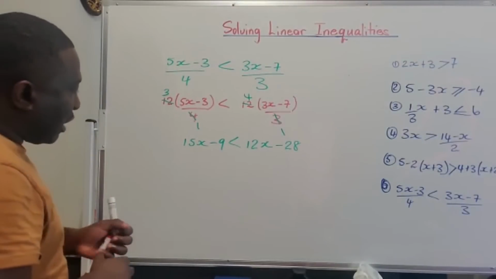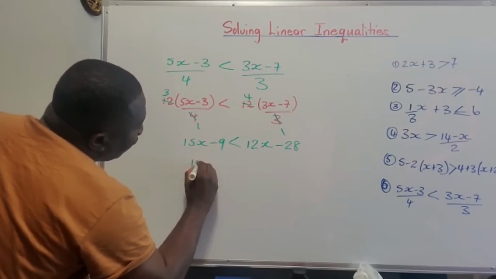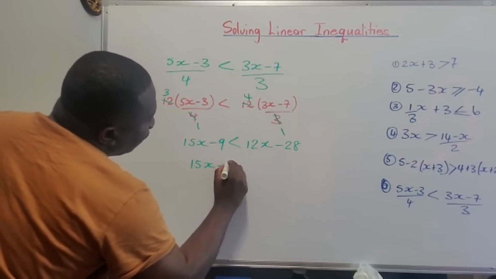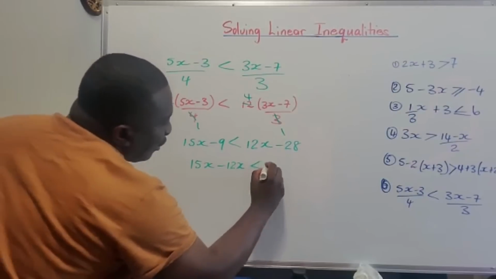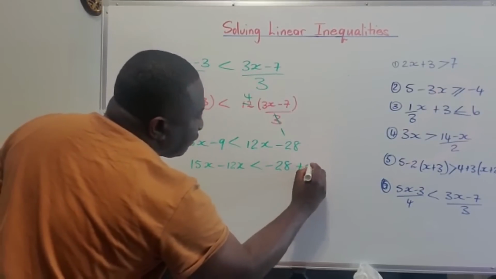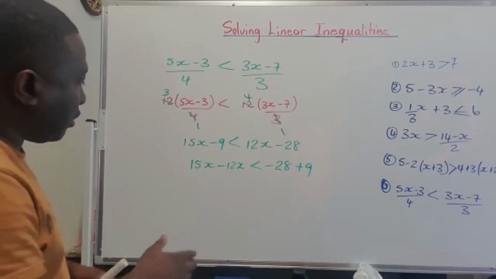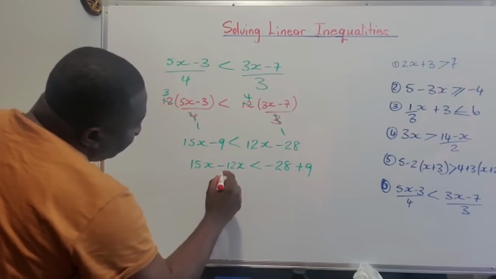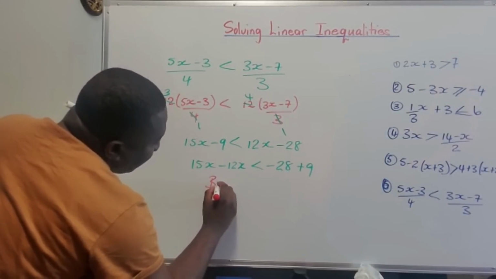What we'll do here again, guys, is group our information. 15x minus 12x is less than -28. Bring the 9 across, so it becomes +9. What we will do in this case is subtract. So 15x take 12x will give us a positive 3x.